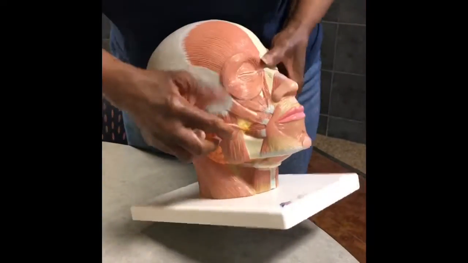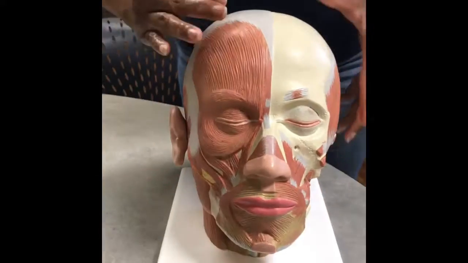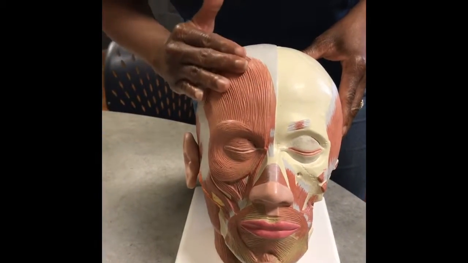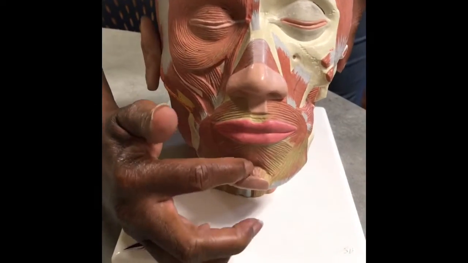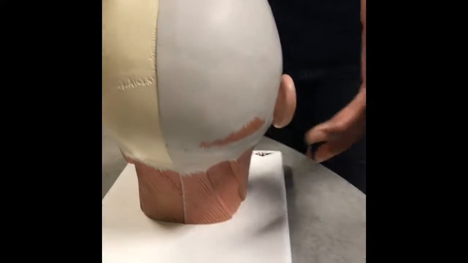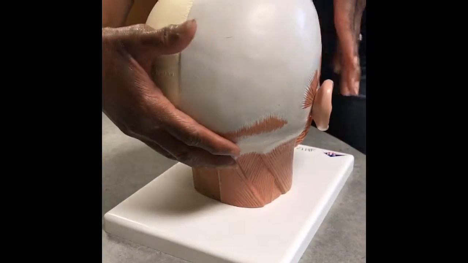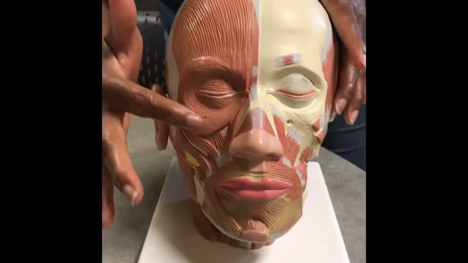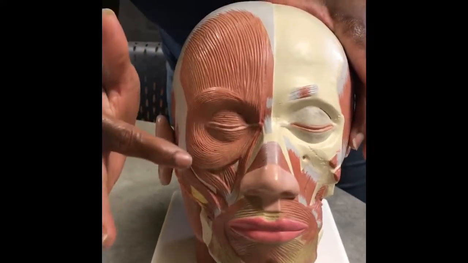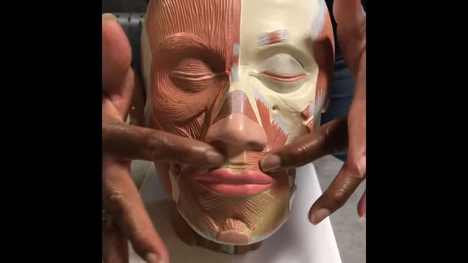This part right here is the buccinator. The frontalis is here. This part right here is the mentalis. The occipitalis is here. This little part. The orbicularis oris is here, the lips.